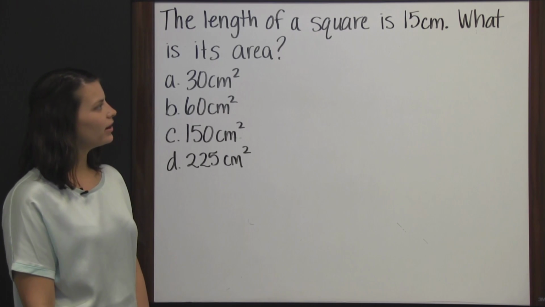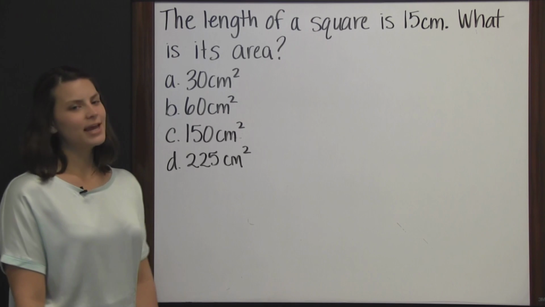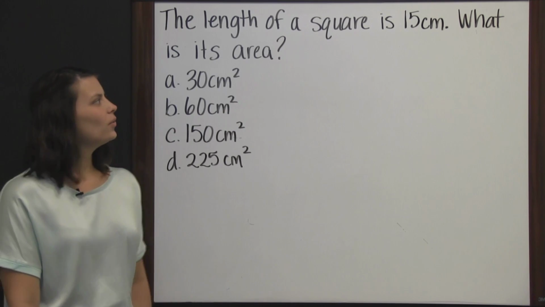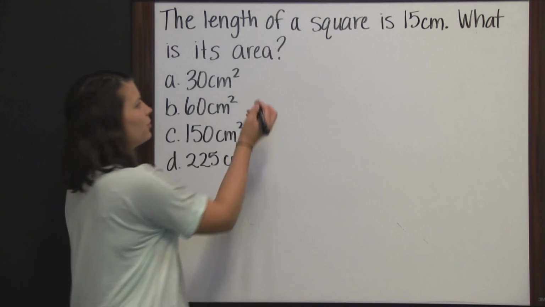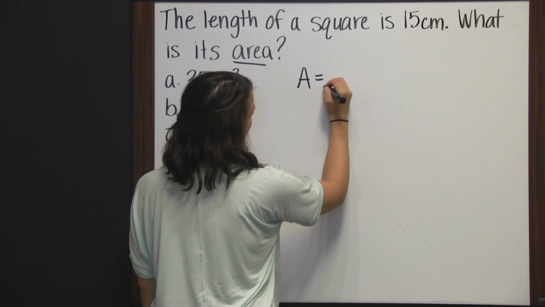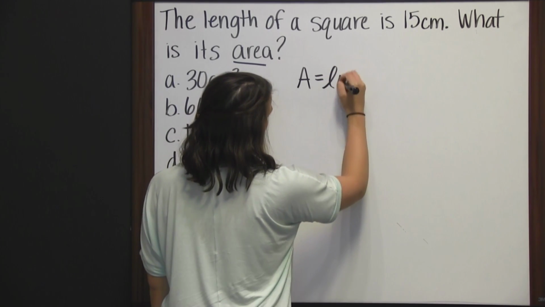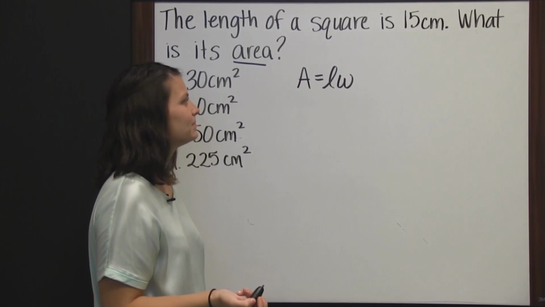The length of a square is 15 centimeters. What is its area? Well, a square is a type of rectangle. And the formula for area of a rectangle is area equals the length times the width, or base times height.